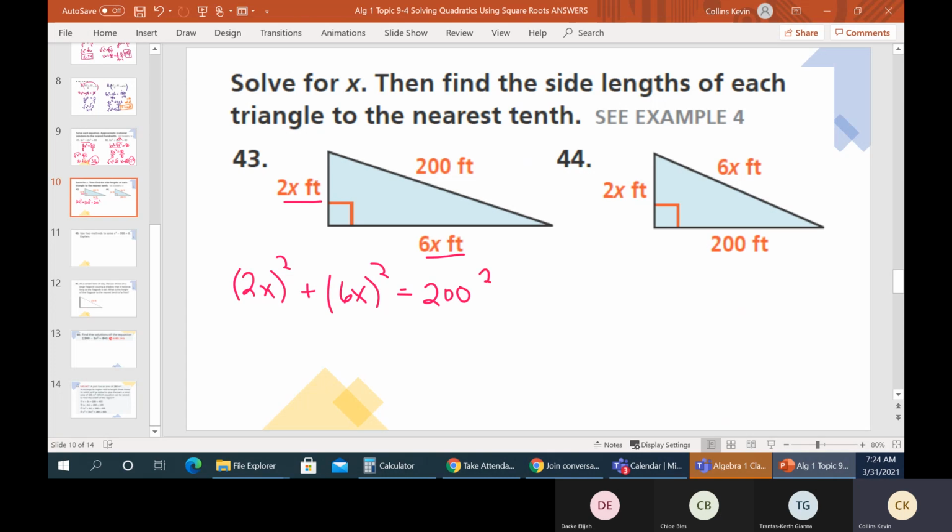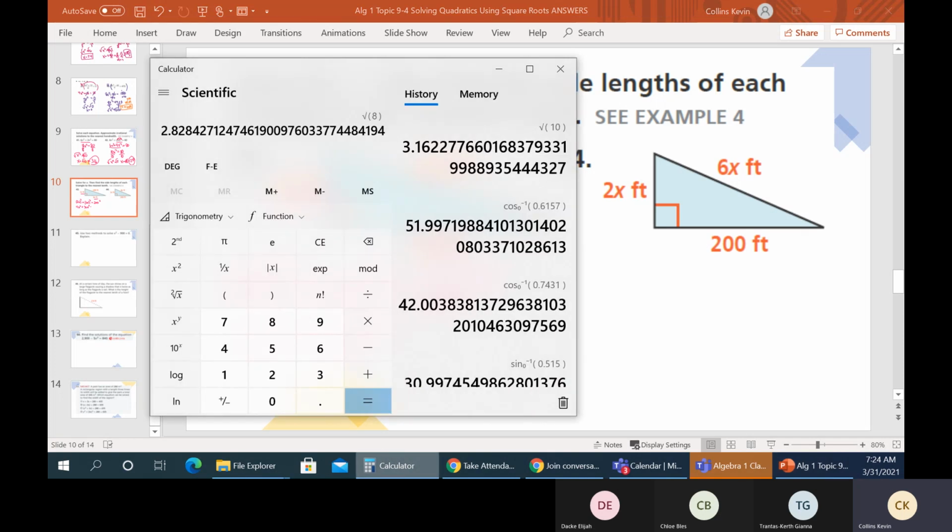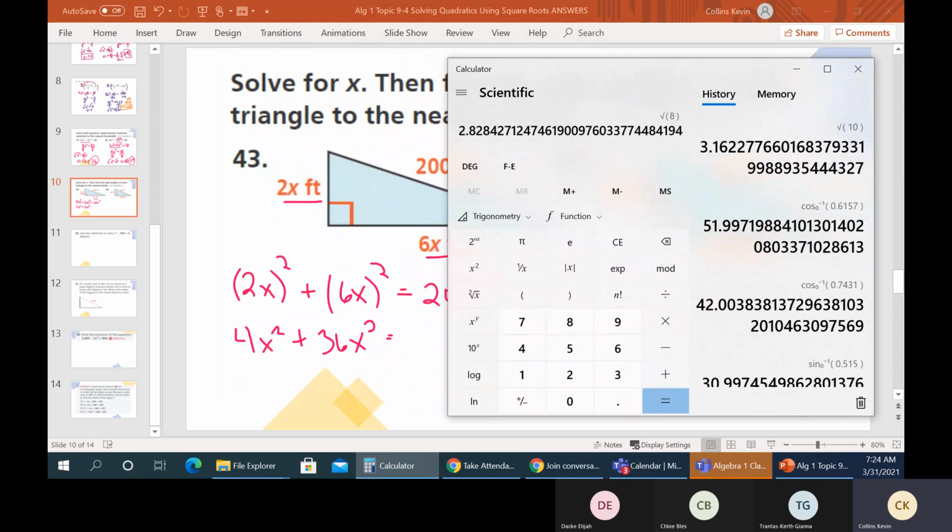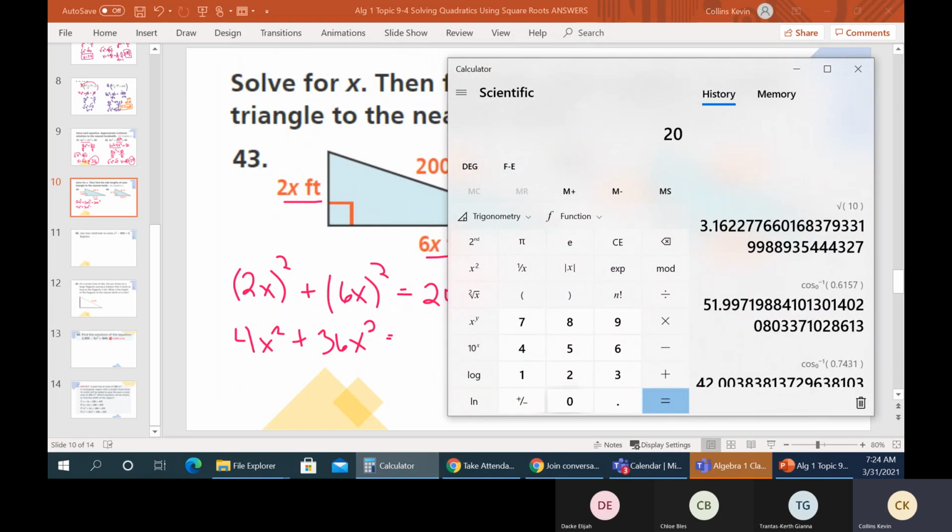All right, so 2 times 2 is 4, so that's going to give us 4x squared. 6 times 6 is going to be 36. x squared equals 200 squared, which I think is 40,000, but let's make sure. 200, square them up, 40K.